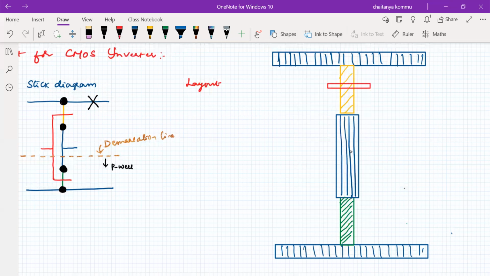Okay, one transistor is formed here, 2 lambda by 2 lambda. Another transistor has to form here. So that is also 2 lambda by 2 lambda. Of course, we need to connect these two things also. How do we do this one?